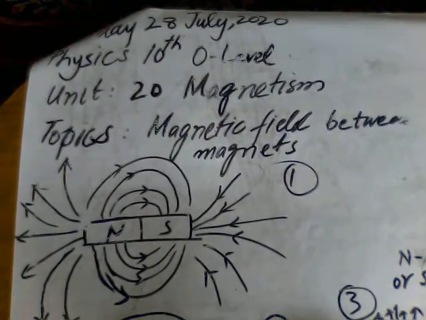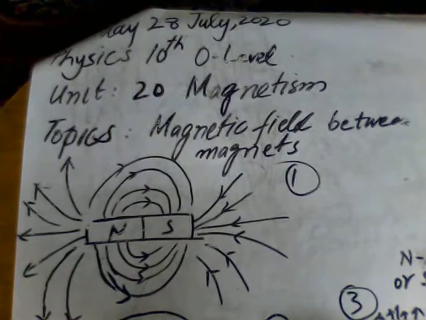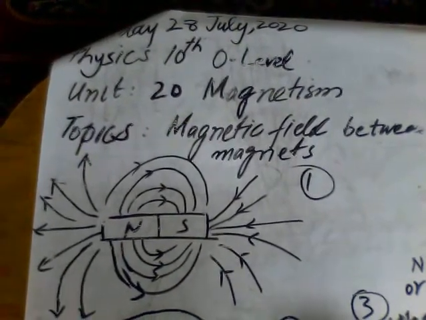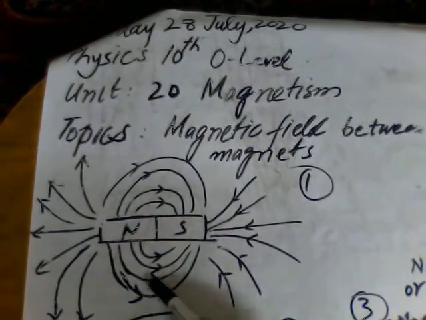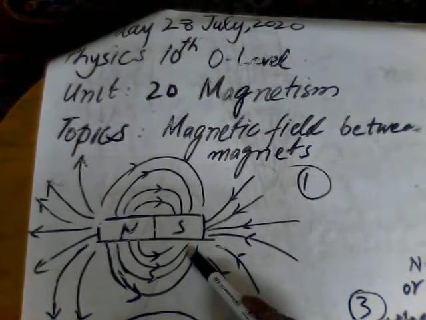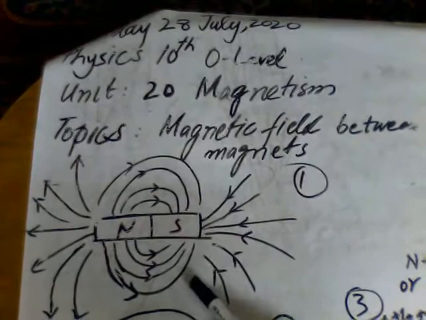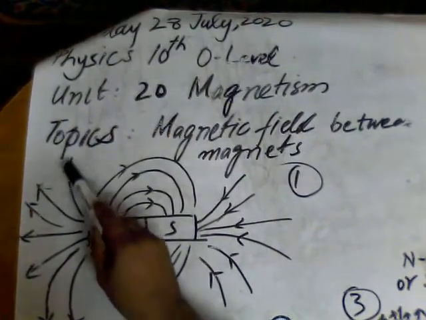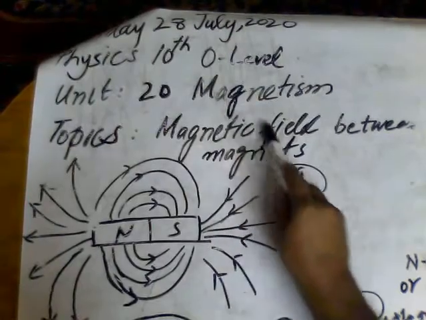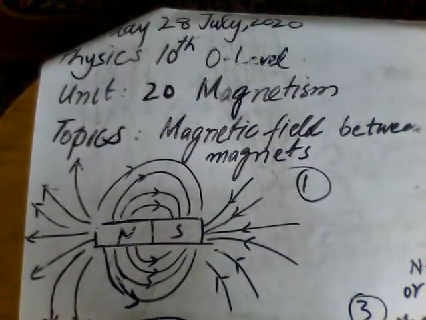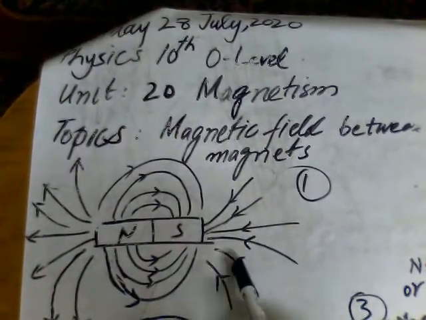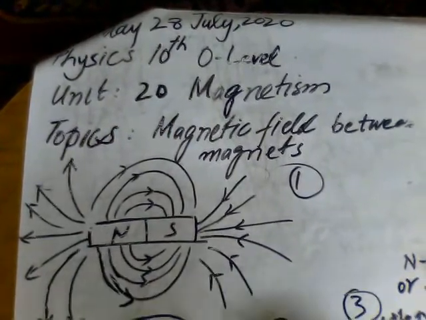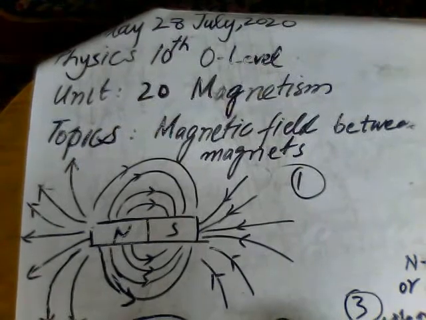Moreover, we studied some of its properties: these lines outside the magnet start from north and end at the south pole. These are weaker. And inside the magnet, they go from south to north.